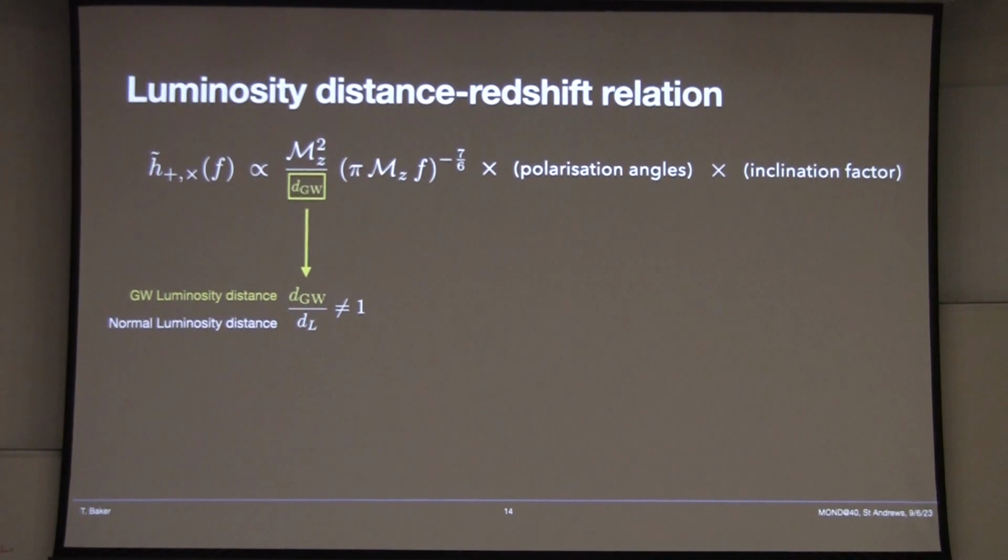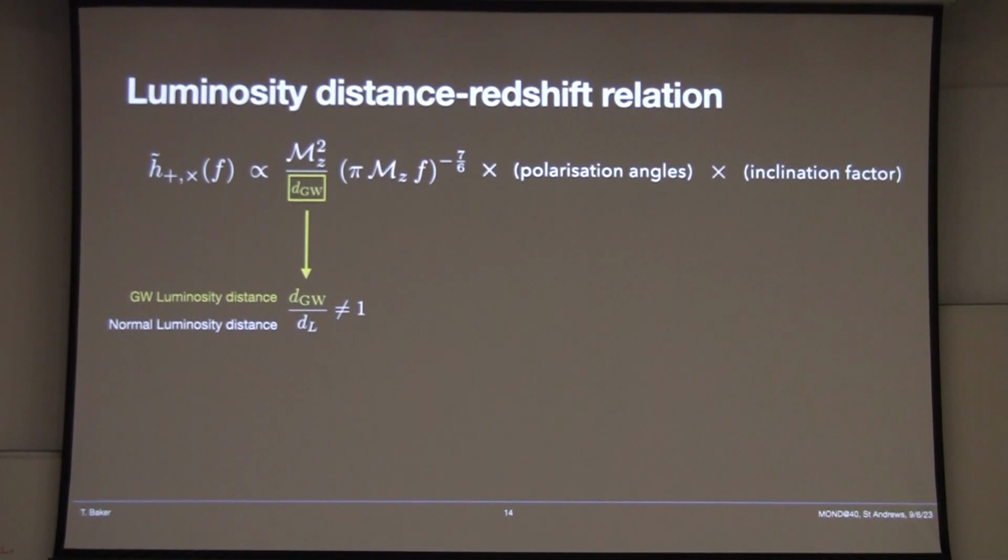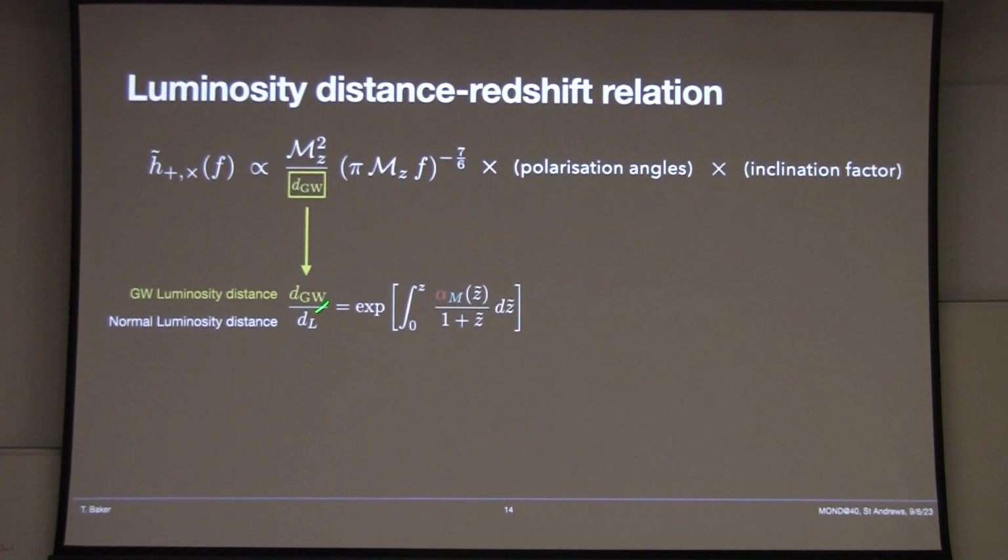And so people often talk about measuring this ratio. And if it's 1, we say, oh, that's consistent with GR. And if it's different from 1, we say, oh, that's a smoking gun for some deviation from GR. So you can solve the wave equation, and you can actually relate this ratio to our alpha m parameter. Okay, and you get some factor that contains exponentials and integrals and details that don't really matter today.